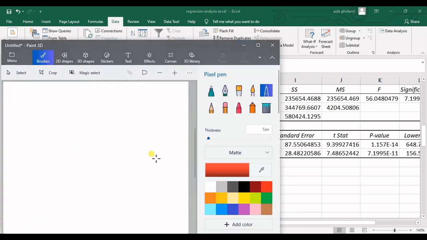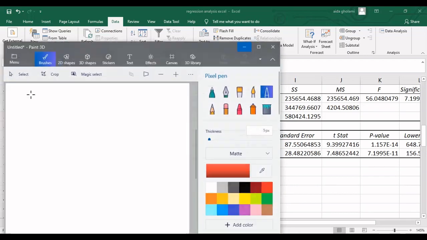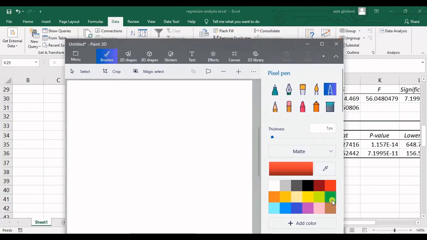So in here, our SAT is the GPA score, okay?